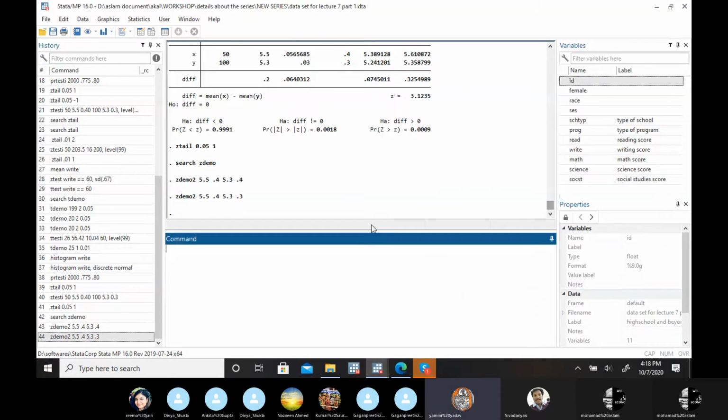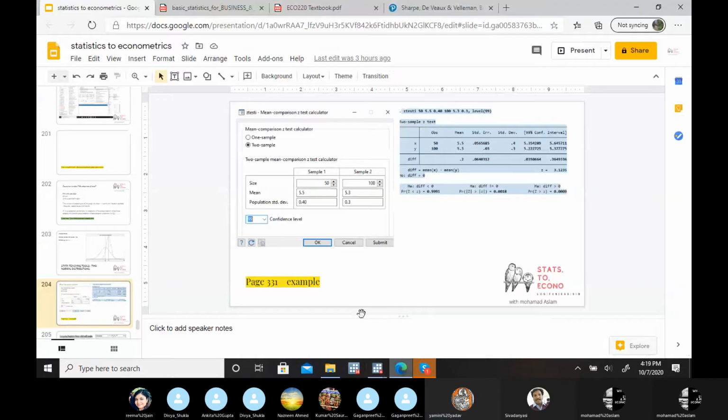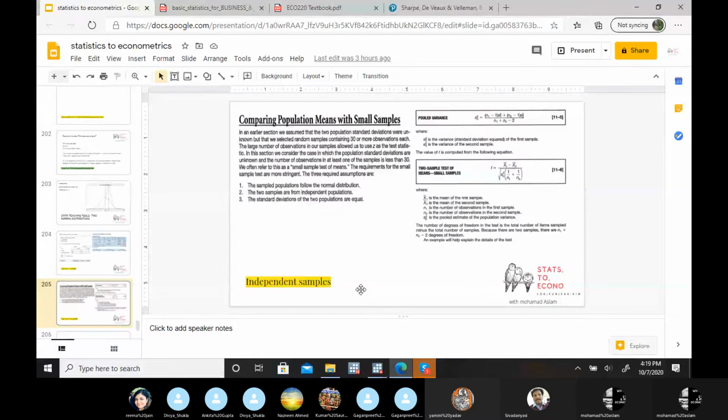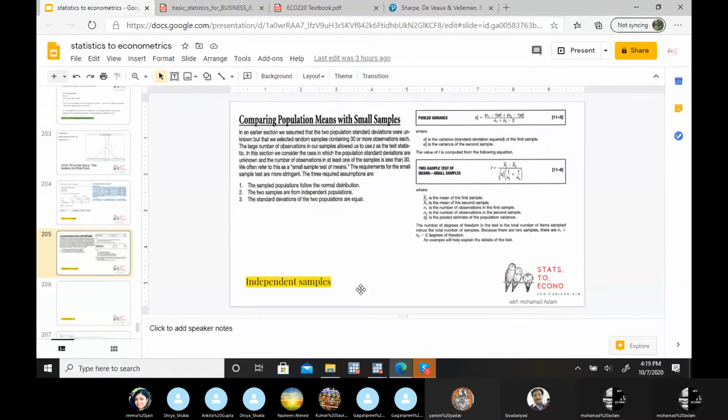So this is how we do the two sample independent case of Z test. Now let's do this exercise with a small data set. Then you have to use the t-test.